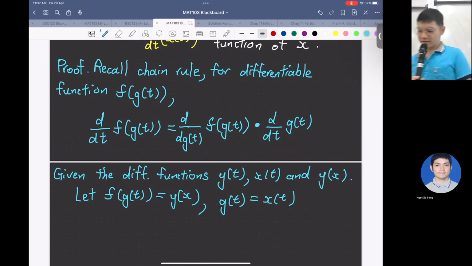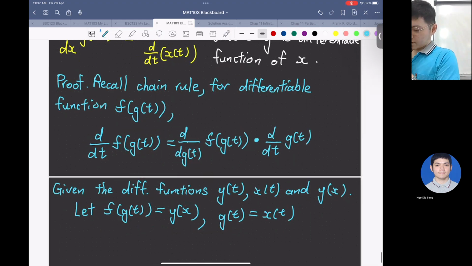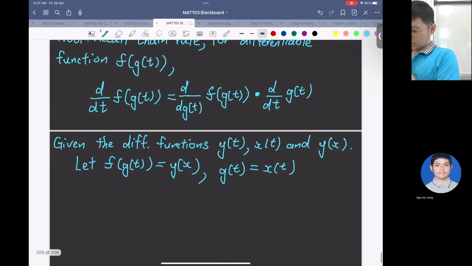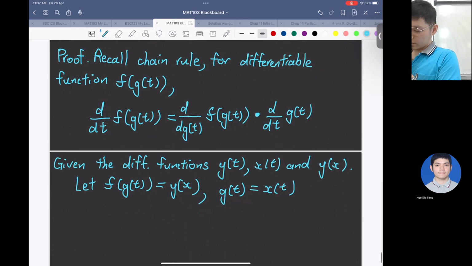What do we get? So d over dt of y(x) equals d. Let's try and see if we got any mistake. If we got a mistake, then we need to change something.